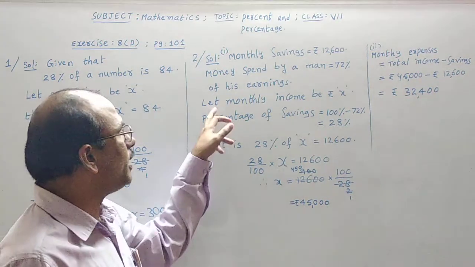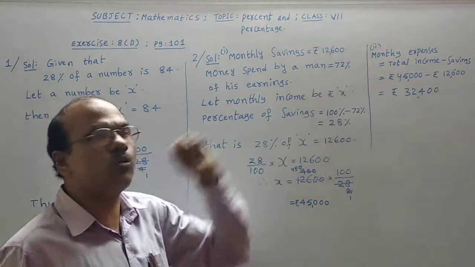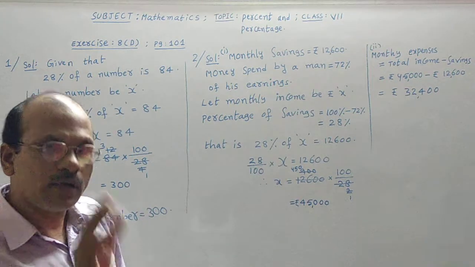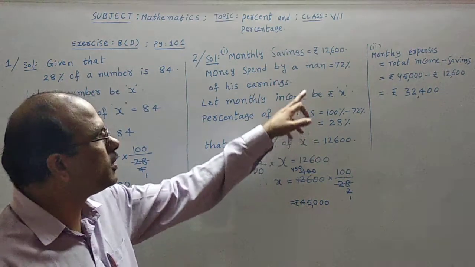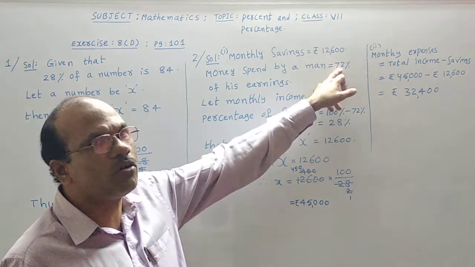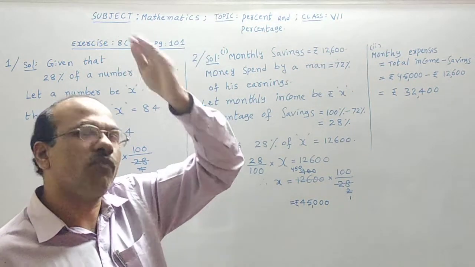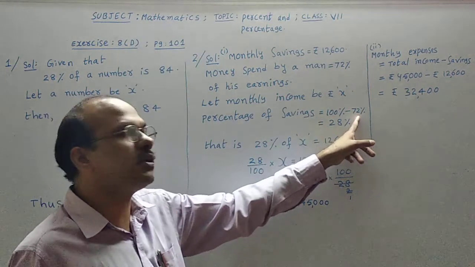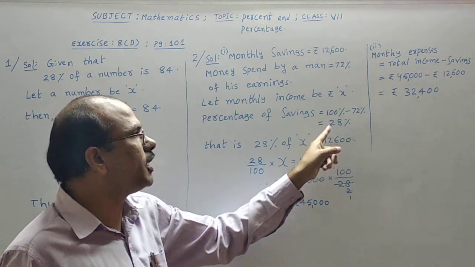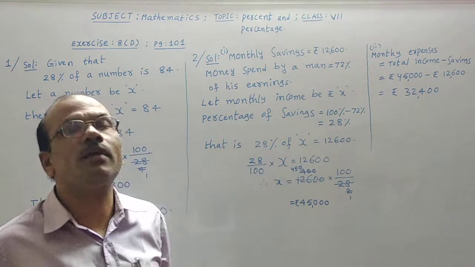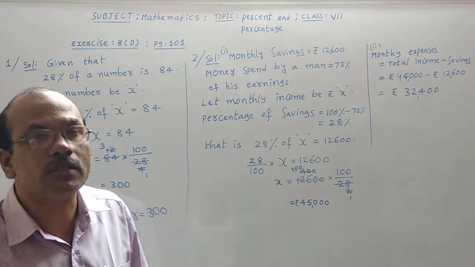Okay. Then let the monthly income of the person be x rupees, because it is the unknown. They gave the percentage of spending only. The total is 100%. If I subtract 72%, the money spent, from it, then I will get the savings of the person. 72% is spending, then how much is saving?